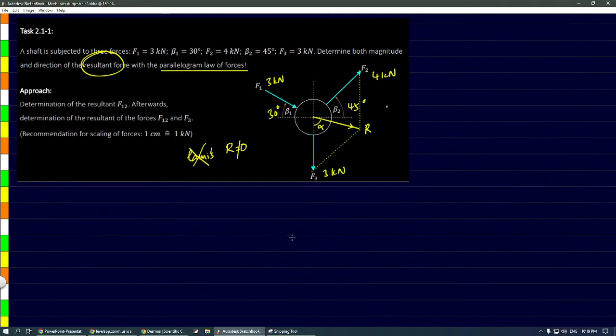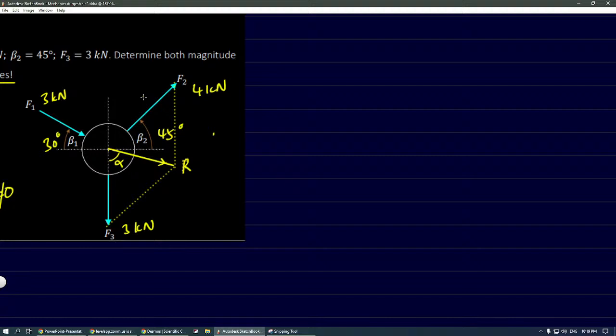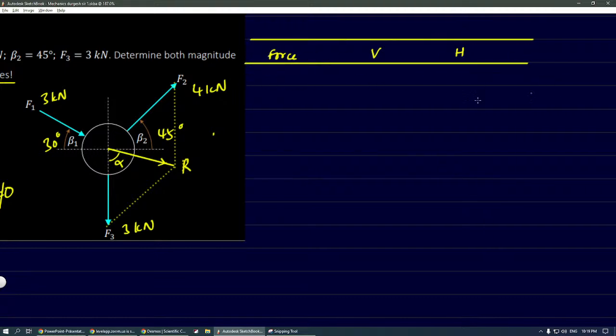Table is very simple. We just need to take the force, then the horizontal and vertical components, and with this we can find it. So what is the first force? Let us take 3 kilonewton as the first force. It is acting downwards, so the vertical component will be -3, right? Yes, sir. Horizontal.